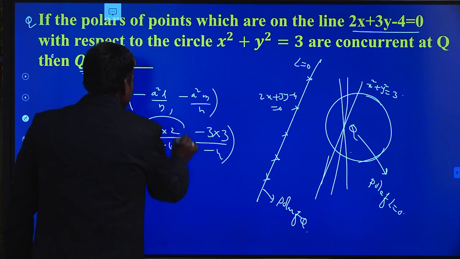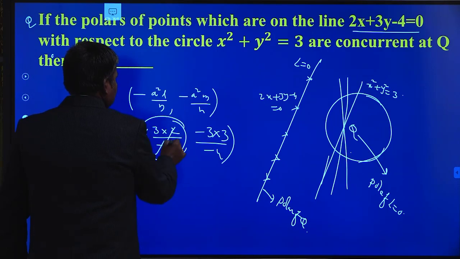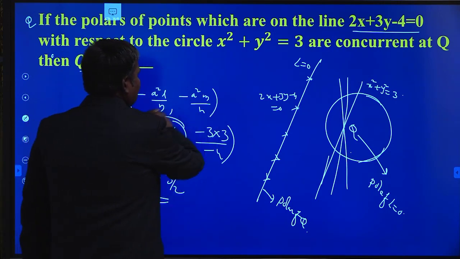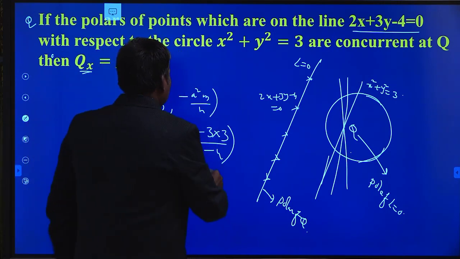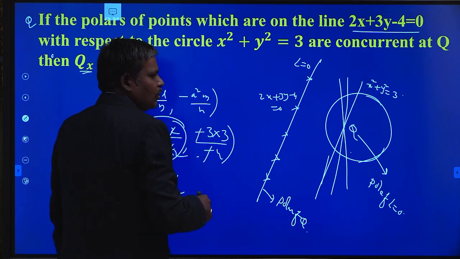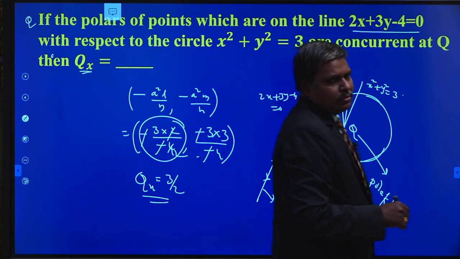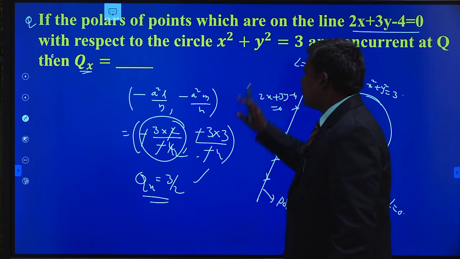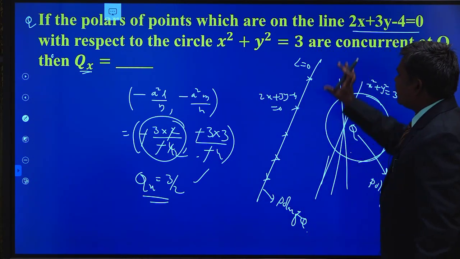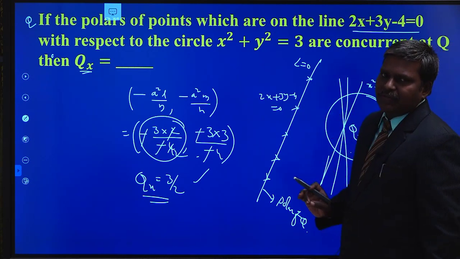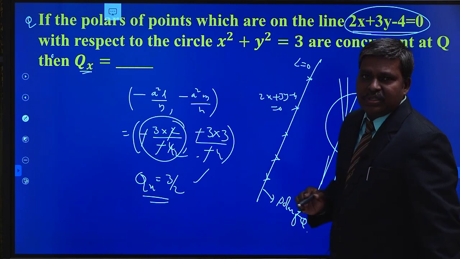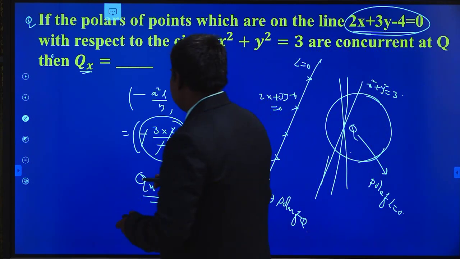They are asking the x coordinate, minus minus gets cancelled, 2 times 3 by 2. This is Qx. If you want the entire point, this is the pole, that is nothing but 9 by 4. Here 3 by 2 comma 9 by 4 is your pole. But they are asking the x coordinate of that pole, that is 3 by 2. Understand? Very simple question. You have to get the pole. The required point is the pole of the line. This is the line, 2x plus 3y minus 4 is equal to 0.